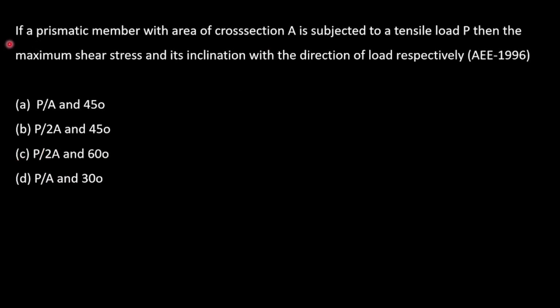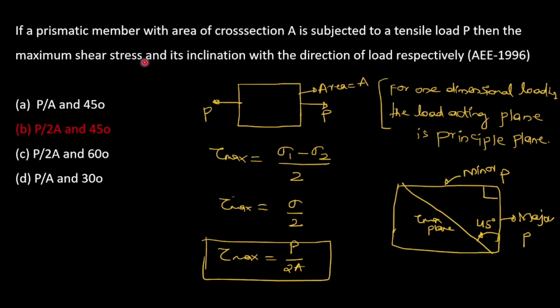Next question, if a prismatic member with area of cross section A is subjected to a tensile load P, then what are the maximum shear stress and its inclination with the direction of load, respectively? So what is being asked? Maximum shear stress and its inclination with the direction of load.